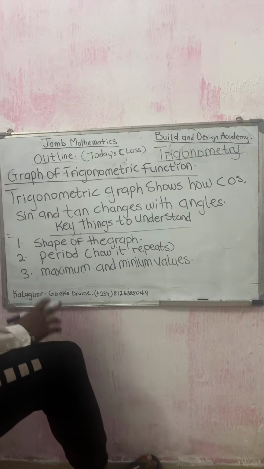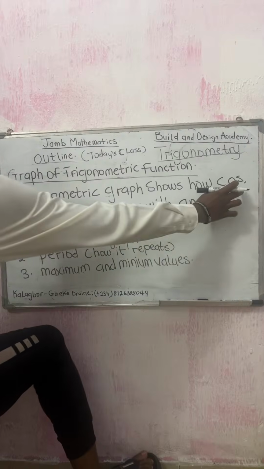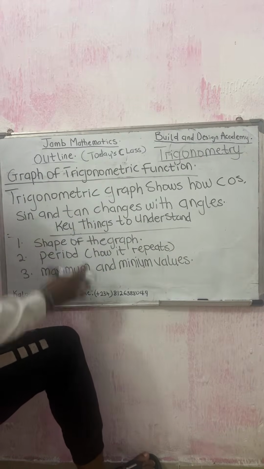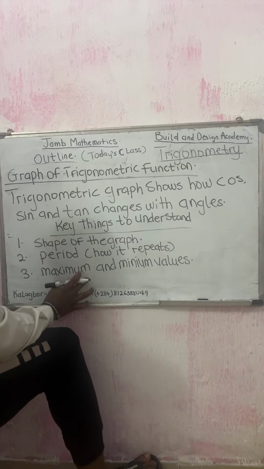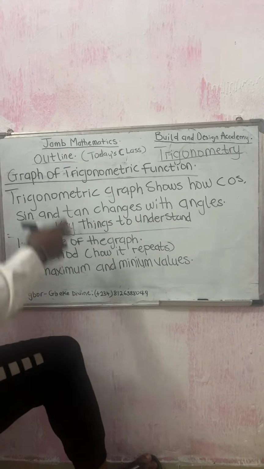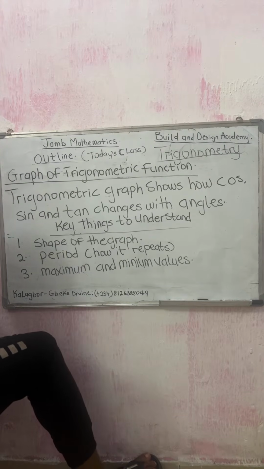So once you know the shape of the sine graph, the shape of the cos graph, the shape of the tan graph, you know how many times the period occurs, and you know the maximum and minimum values, you can now identify which of the graphs we are considering.